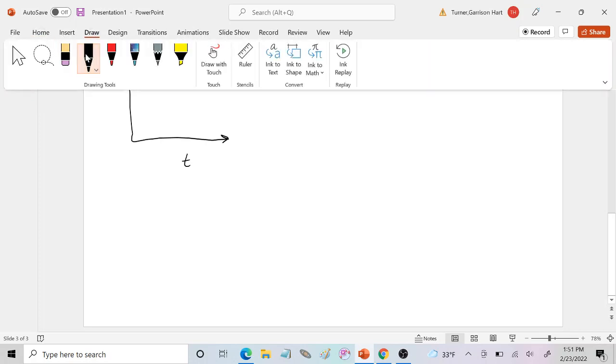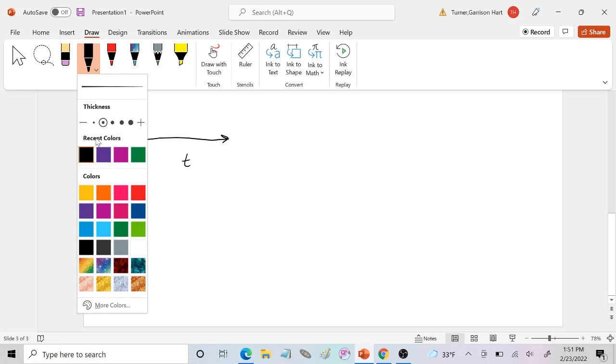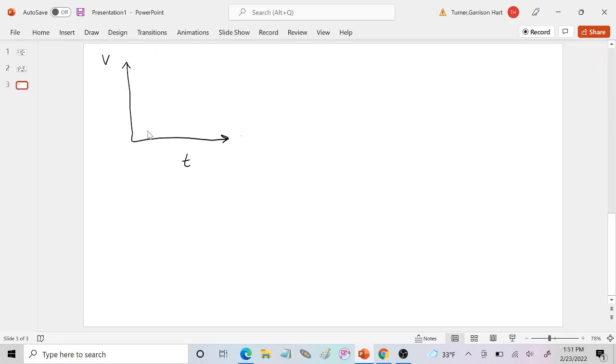If I plot the potential as a function of time, let's use red for the voltage across the resistor. So the voltage across the resistor is going to start out at some value V naught, and it's going to exponentially decay, and eventually it will approach zero.